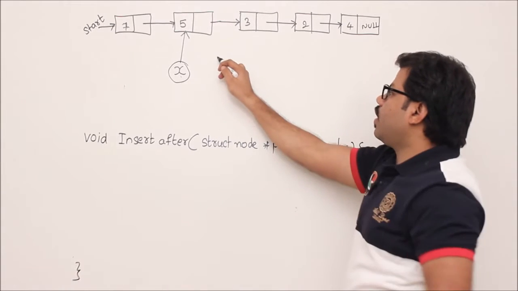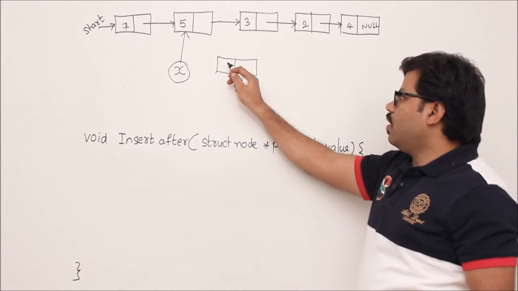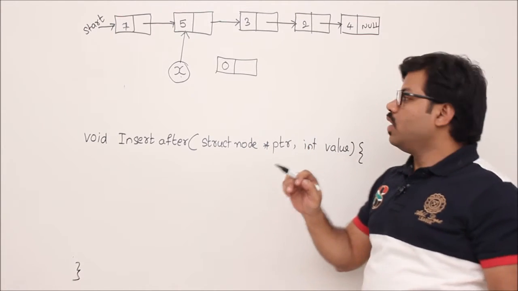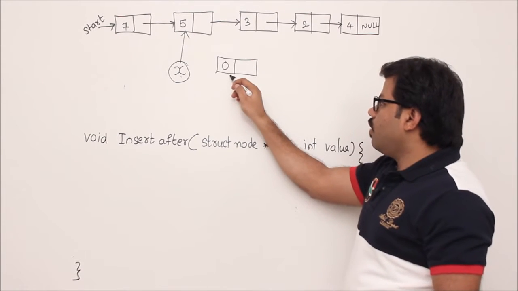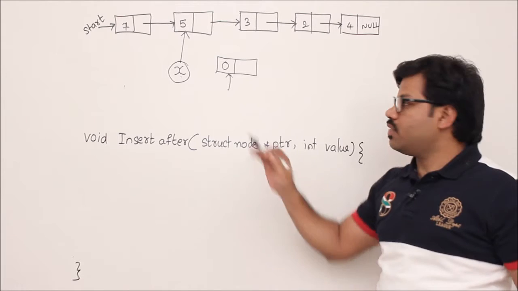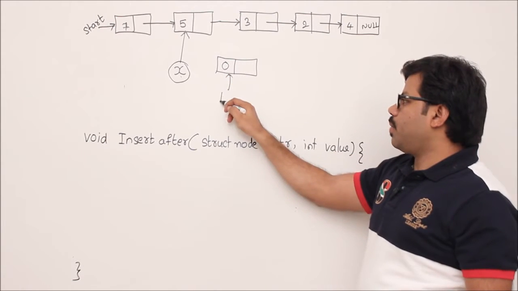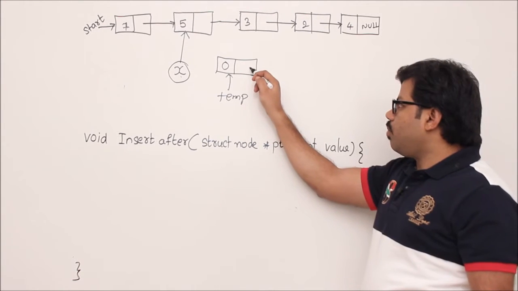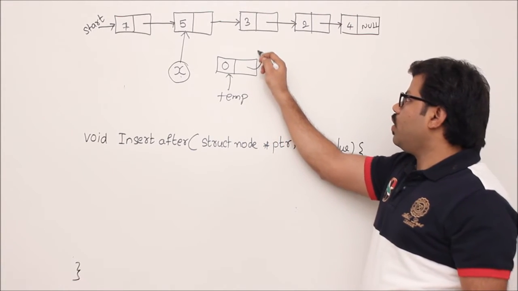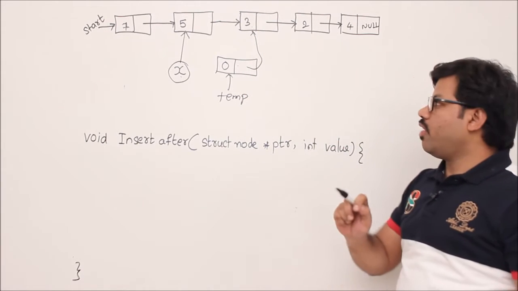For that we have to create a box, definitely. We can't avoid it. Step number 1, write the value. Step number 2, link carefully. Whenever you create this node we get a pointer, let's say that is temp. Using this temp, I update this link to here, so that this box will be attached to this box.